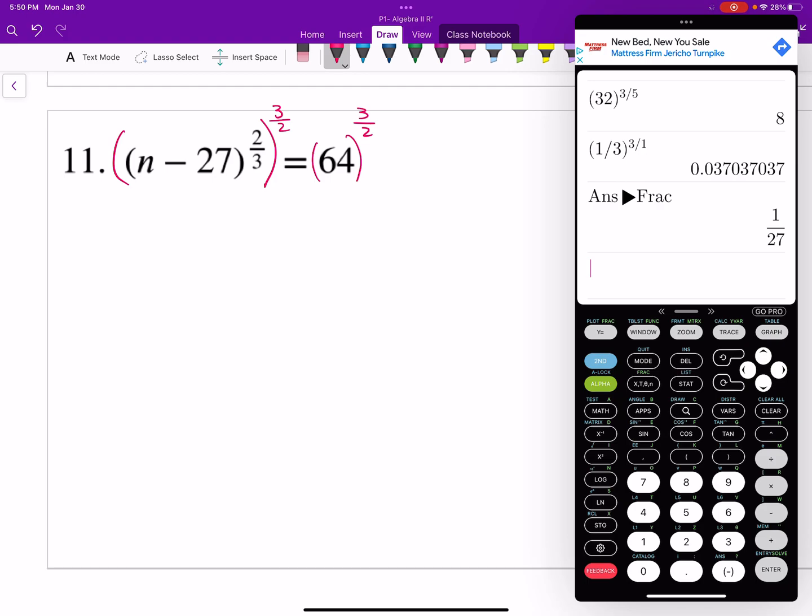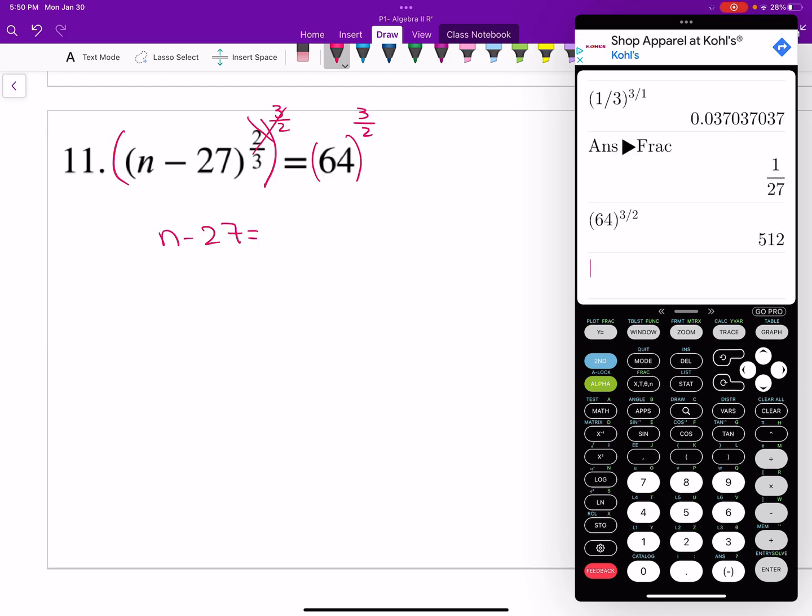The only way we can distribute exponents in is if it is multiplication or division. Adding and subtracting, they cannot distribute. So we get 64 to the 3/2. And this one, we need to be careful. Your flipped denominator is even, so we need a plus minus.